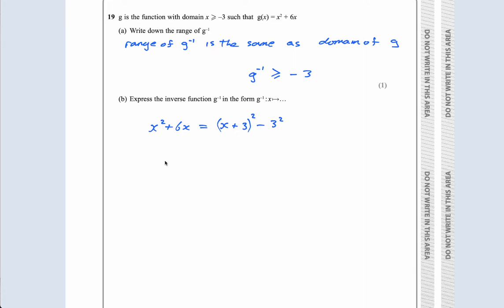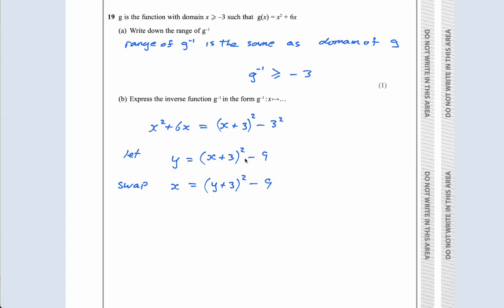So I can then say, let y equal x plus 3 squared minus 9. Then I swap the x and the y. Do this first, because you get a mark for it. x equals y plus 3 squared minus 9. I have swapped x and y.